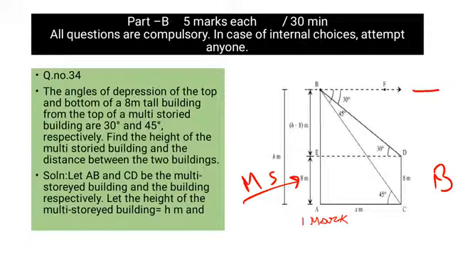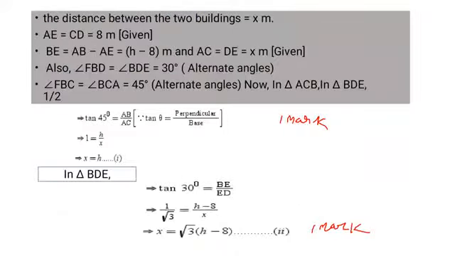Let the height of the multi-storied building be h meter and the distance between the two buildings be x meter. So CD is equal to AE is equal to 8 meter, given. BE is equal to AB minus AE, that is h minus 8 meter, and AC is equal to DE is x meter, given.